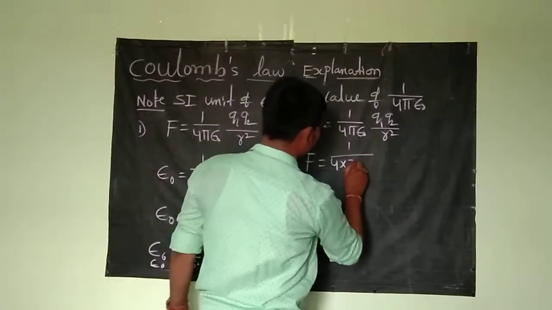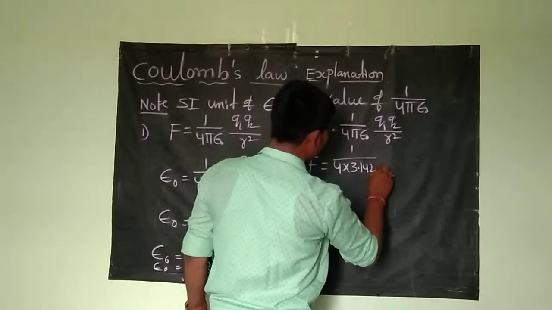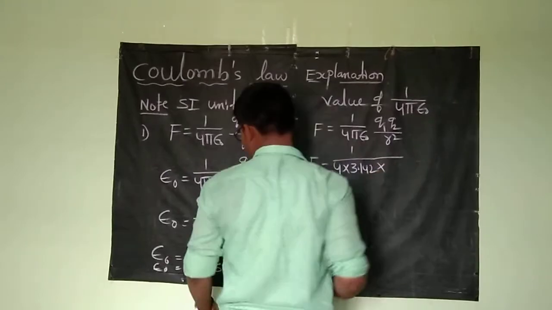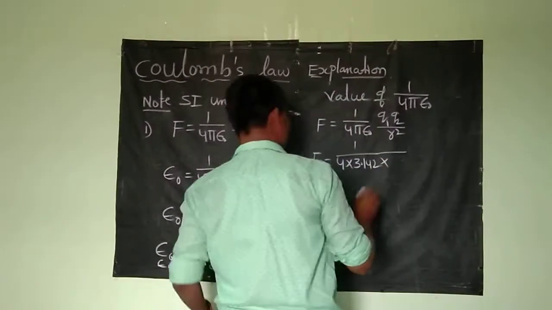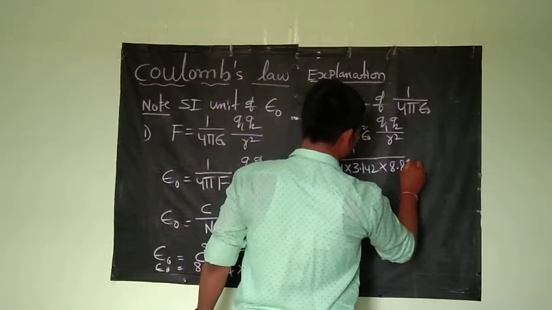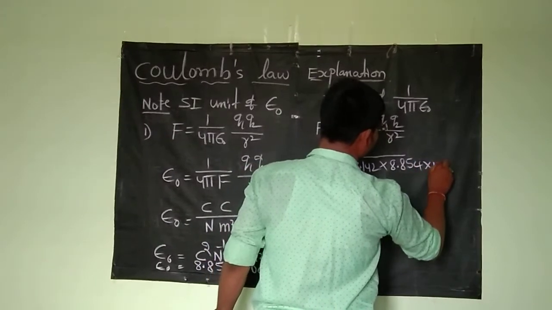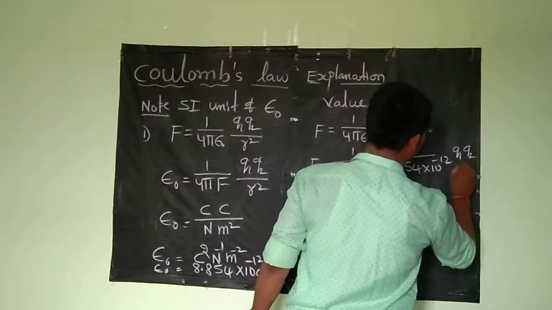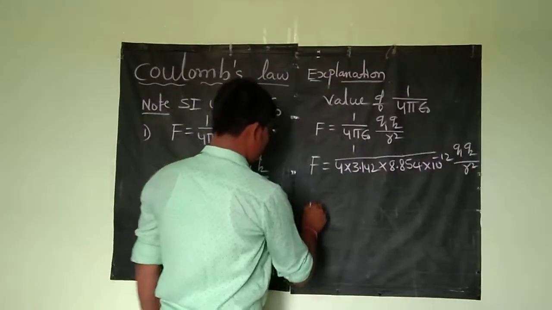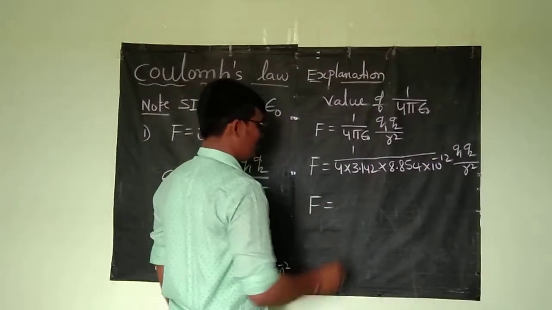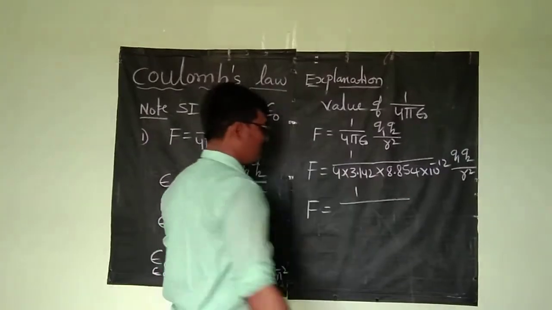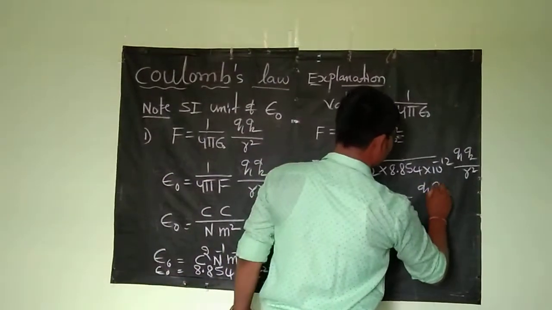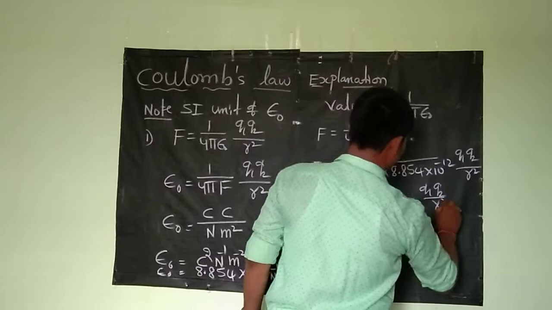So its value becomes 3.142. In the option, we find the constant value, 8.854 into 10 to the power minus 12. Again here we have q1 q2 divided by r square. Then F is equal to 1 divided by, okay, q1 q2 divided by r square.